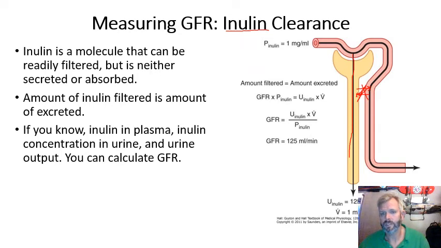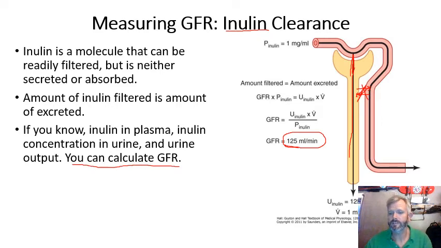We'll inject some inulin, measure inulin in the blood, and then look at inulin that is excreted in the urine. This allows us to calculate glomerular filtration rate, and what we come up with is roughly 125 milliliters per minute in a healthy kidney.